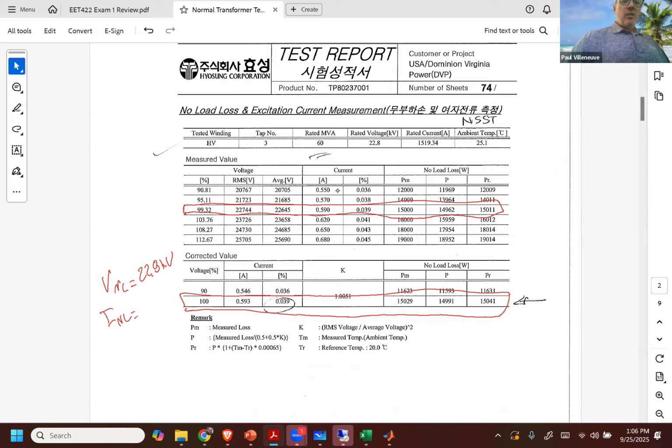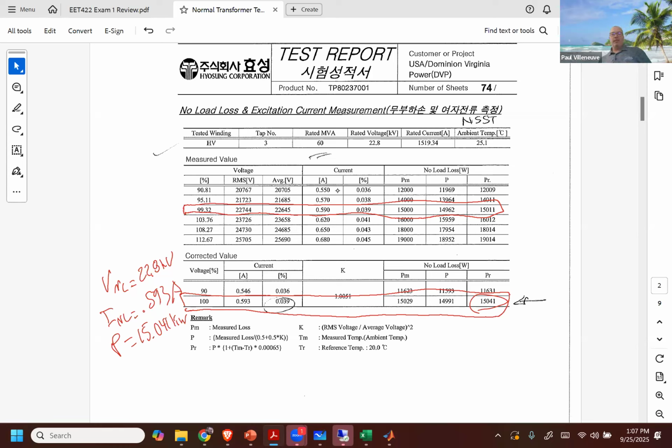I no load is going to be equal to 0.593. And the last thing that I need is P here. And I think the PR, let's see, that's not the reference temperature. So we're going to use 15.041 kilowatts.